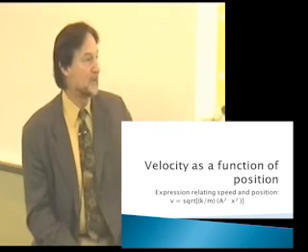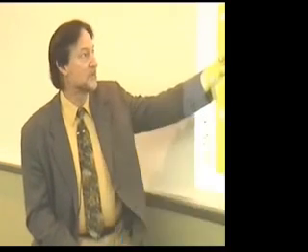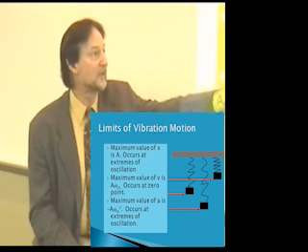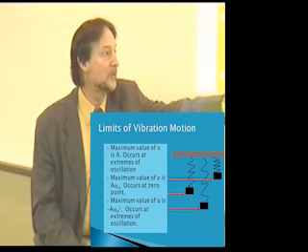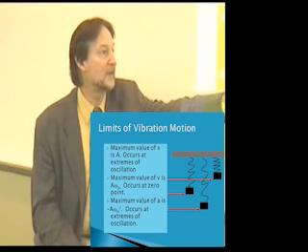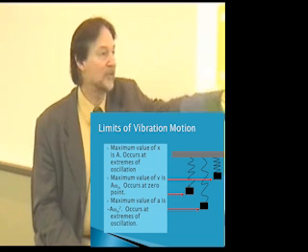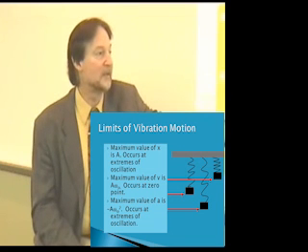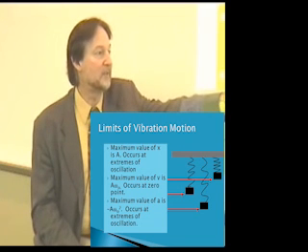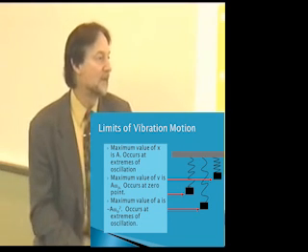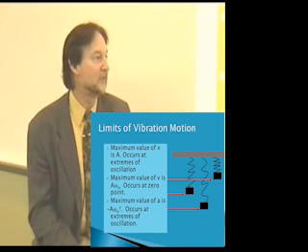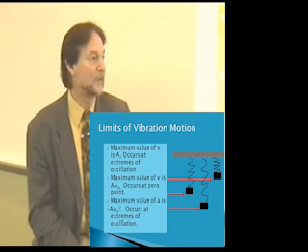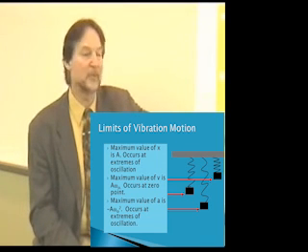So notice the maximum, again, this is what I just discussed. The maximum value of x is where it makes an excursion from its equilibrium value out to plus A or minus A relative to that equilibrium value. The maximum value of the velocity is when x equals 0, at the 0 point.